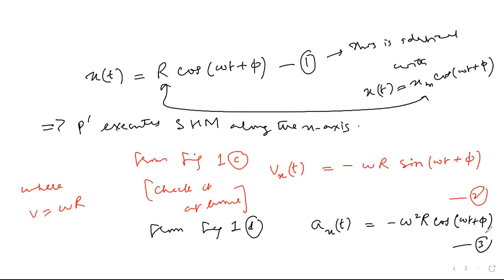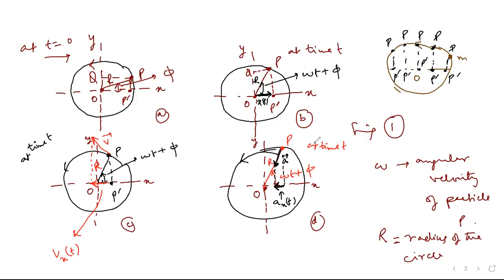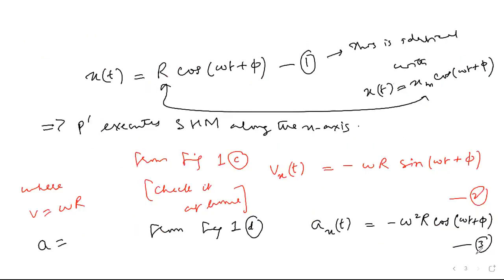I name it equation 3. Why so? Because you know this A, the acceleration of the particle moving in a circle, is omega square r.